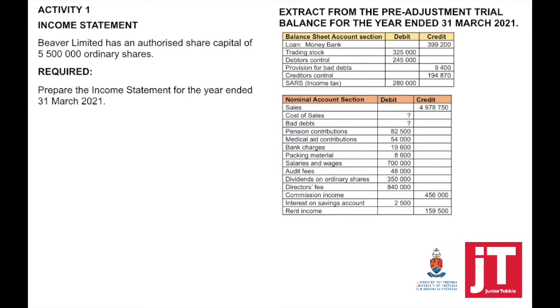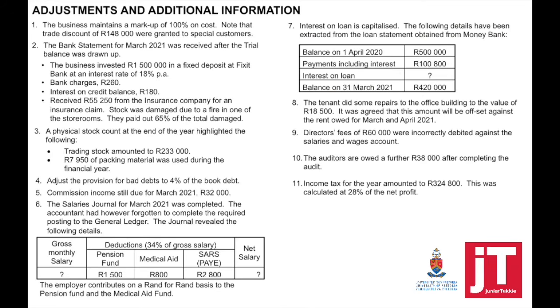Extract from the pre-adjustment trial balance for the year ended 31 March 2021. They provided us with the balance sheet account section and the nominal account section. Then they've given us adjustments and additional information. So we are going to look step by step at how we complete an income statement.